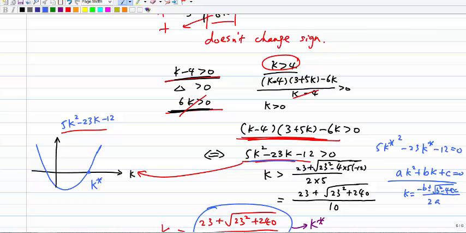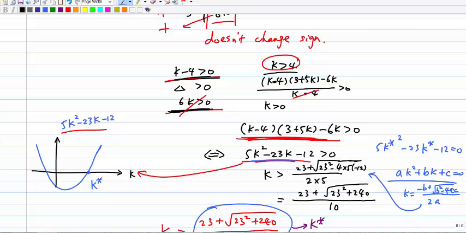Because here I must have k positive, so actually k is negative b plus square root of b squared minus 4ac, divided by 2a. So that's how I get this value over here, okay?